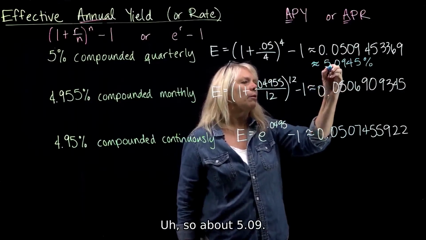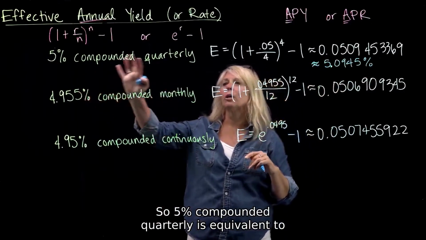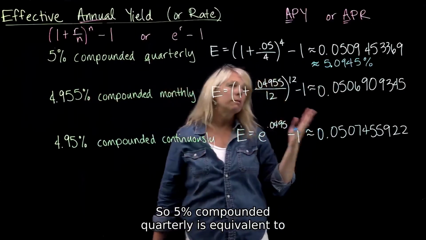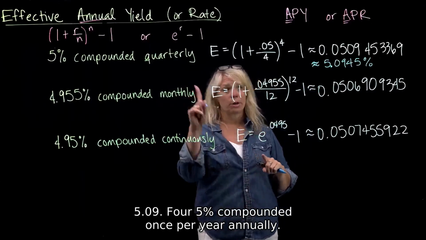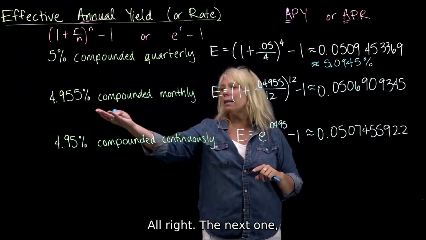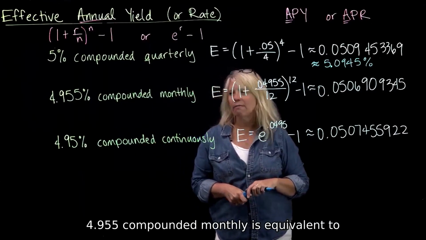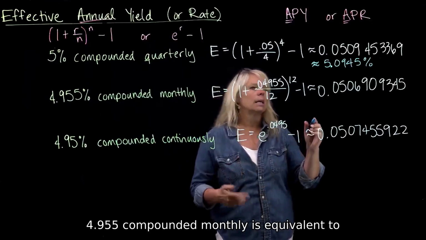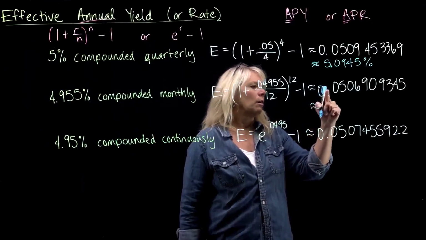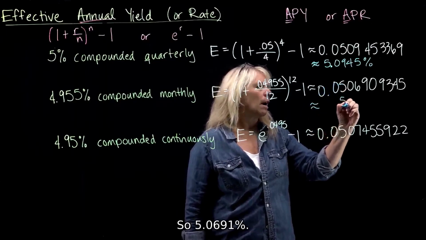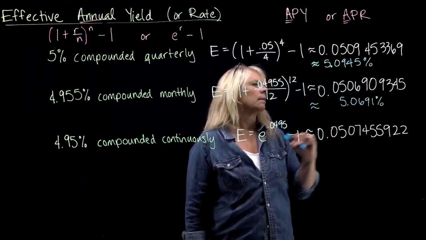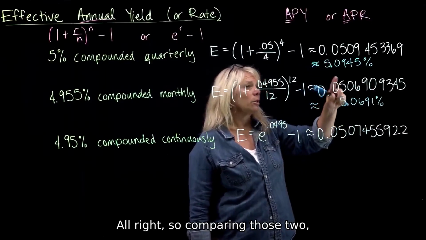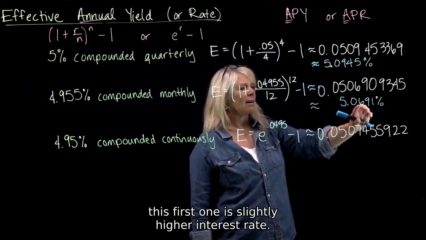So 5% compounded quarterly is equivalent to 5.0945% compounded once per year, annually. The next one, 4.955% compounded monthly, is equivalent to 5.0691%.